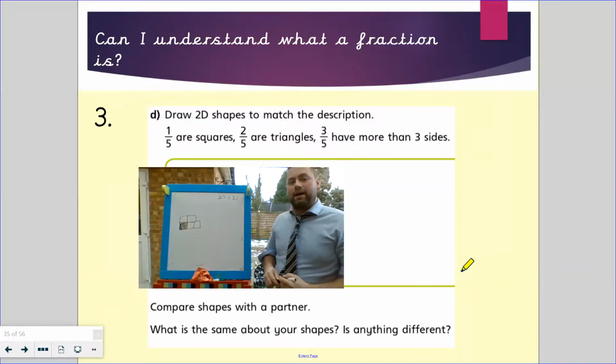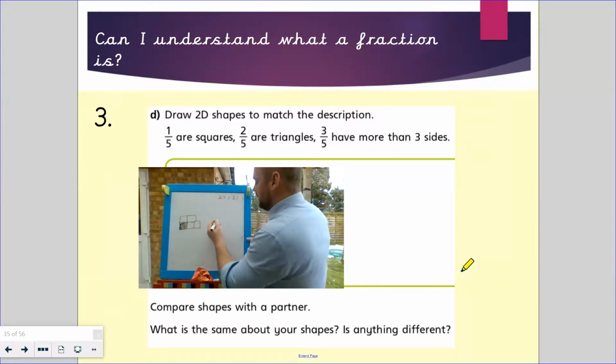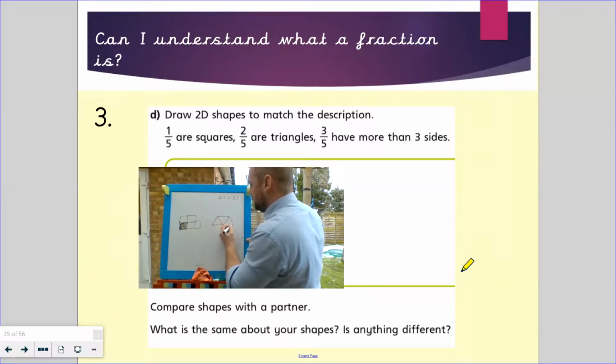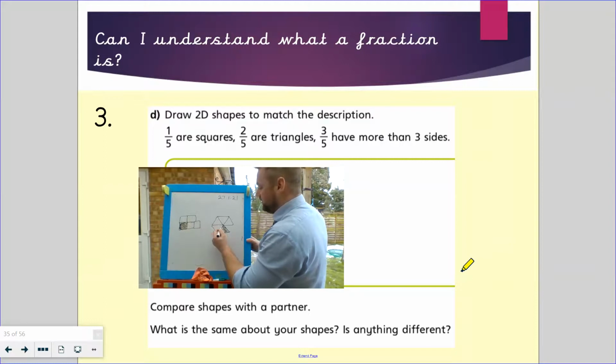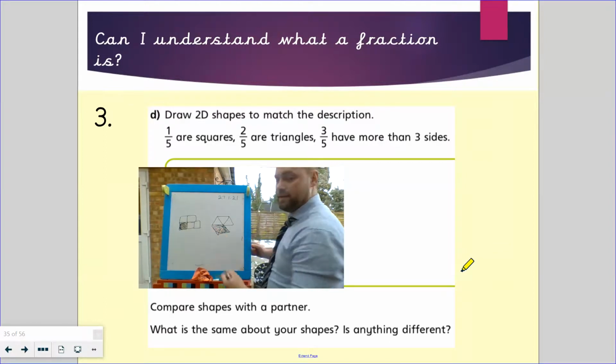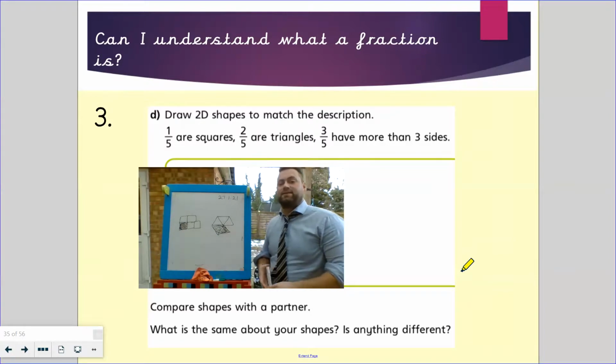Okay. The next one, we've got 2/5 are triangles. Okay, so let's draw my triangles. 1, 2, 3, 4, 5, and 2/5 of them are triangles. 1, 2, and then the last one, 3/5 have more.